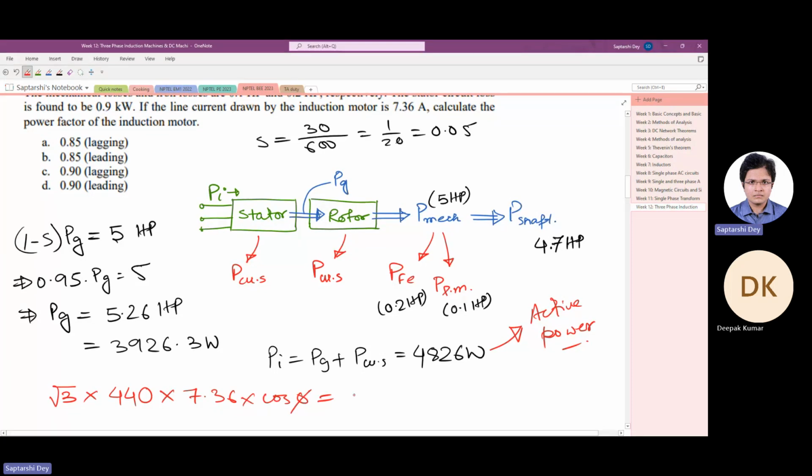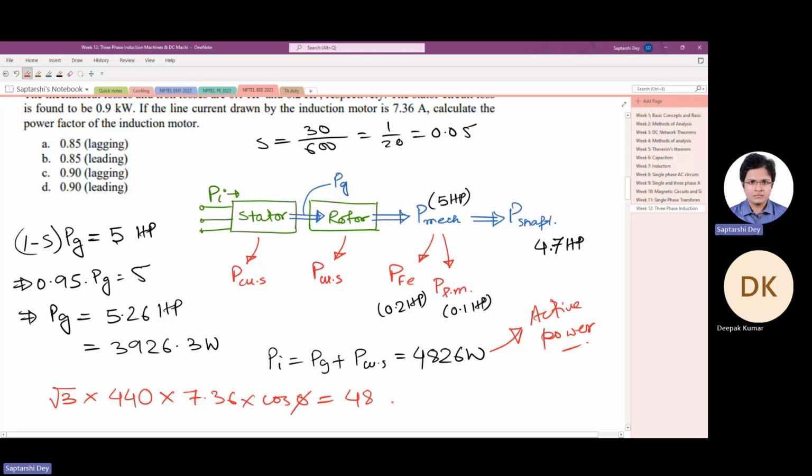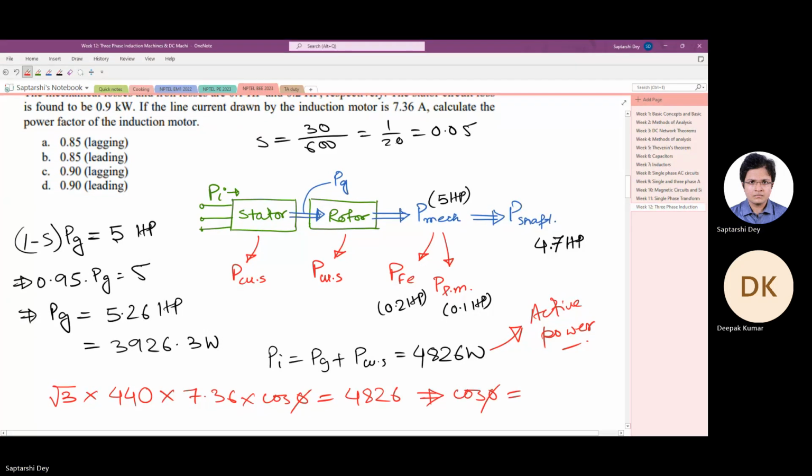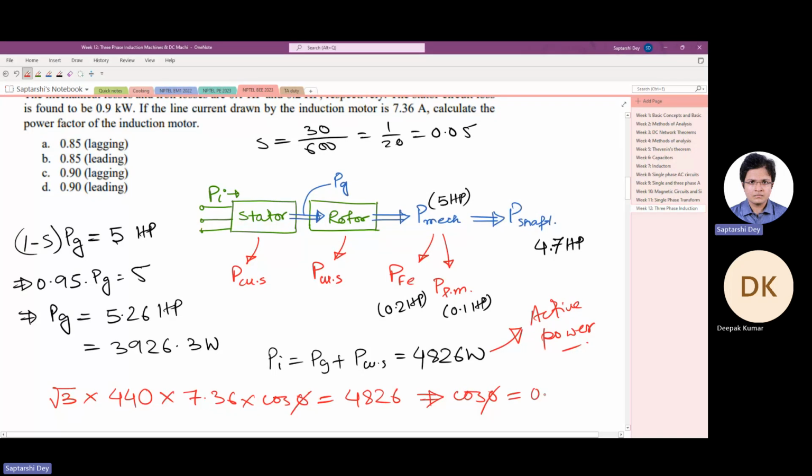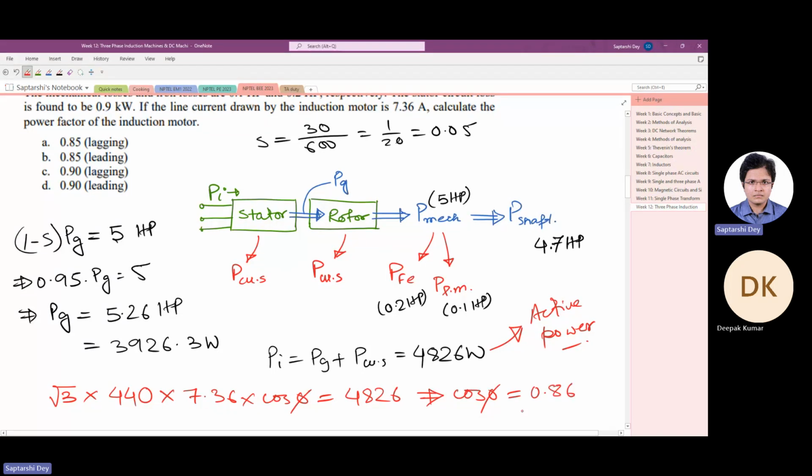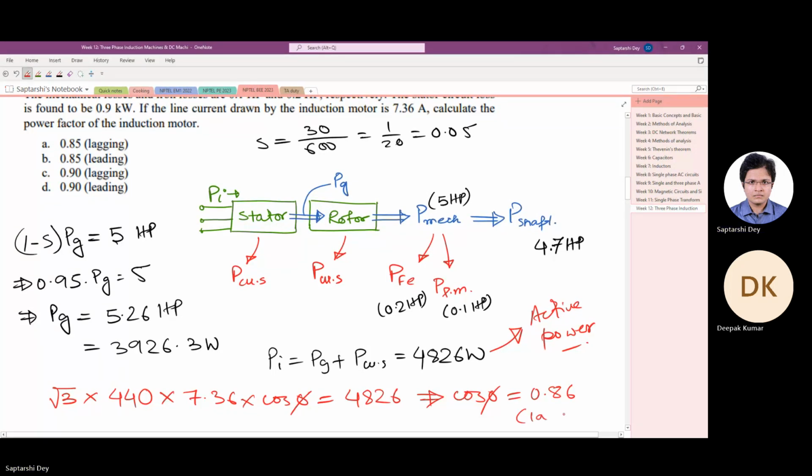This is the active power, 4826. So cos phi that we get is 4826 by square root 3 times 440 times 7.36, which is 0.86, and it is definitely lagging. Induction motor always works in lagging.